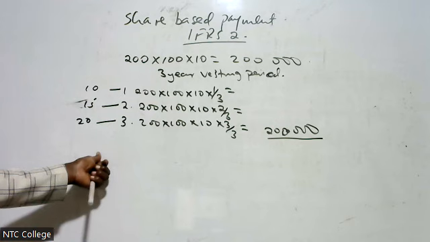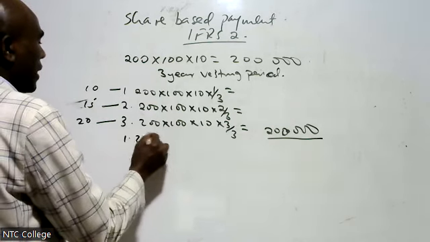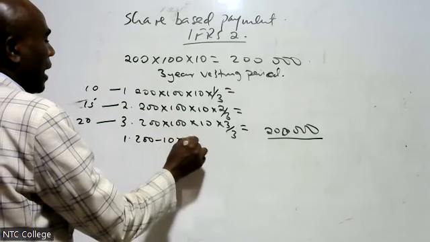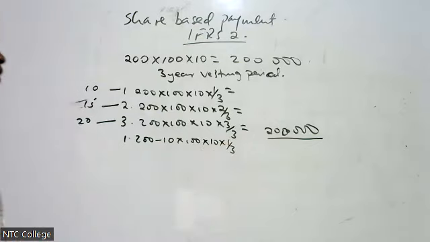Therefore, when I'm calculating this expense, in year 1, I will take 200 minus 10 times 100 times 10 times 1/3 because 10 employees left. The moment you leave, you forfeit your rights.